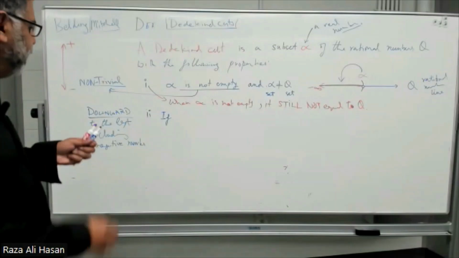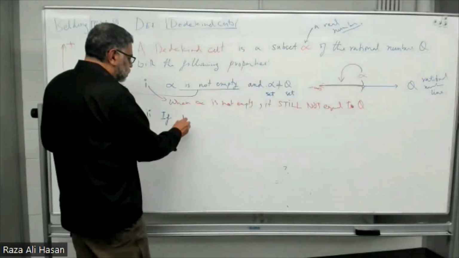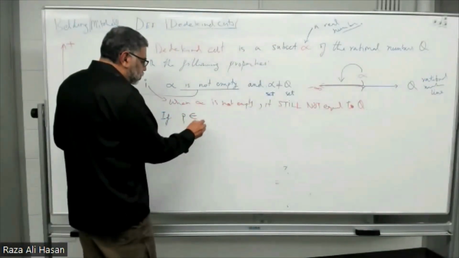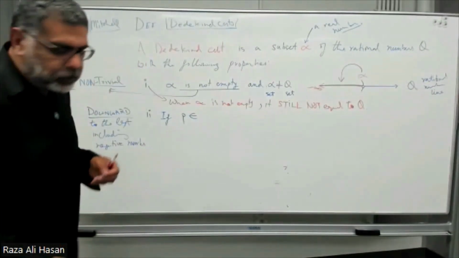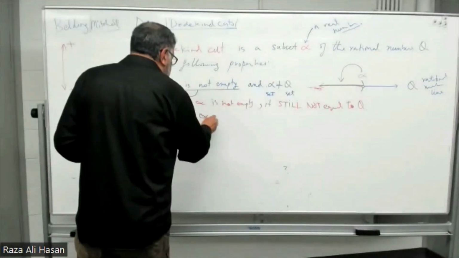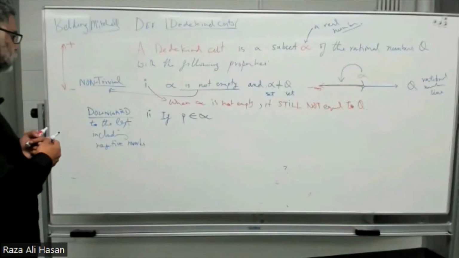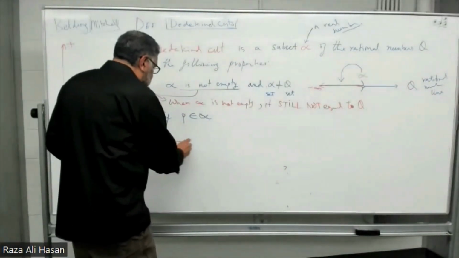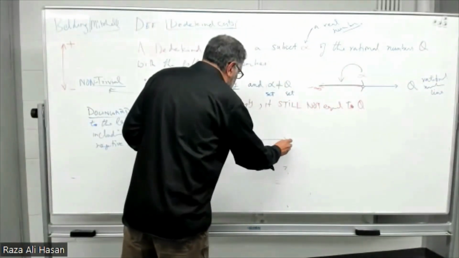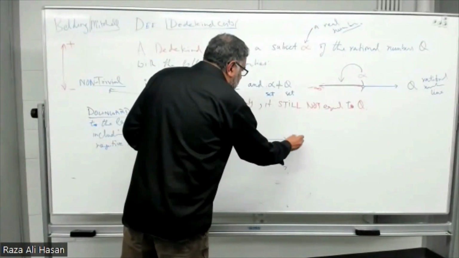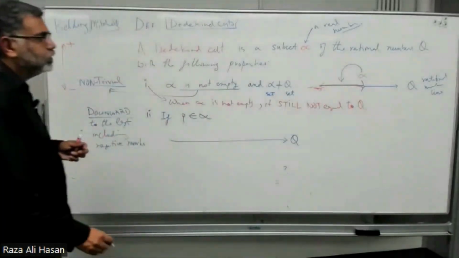Okay. If P belongs to alpha, going down. And again, what is alpha? Alpha is a real number.